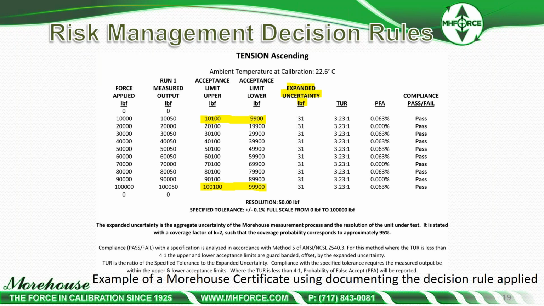TUR, and if you look, a lot of people like TUR to be better than 4 to 1. It's not in this case. So since it is not, we are reporting the probability of false accept, and as long as that probability of false accept is less than 2%, we can say the instrument passes. So compliance, pass, fail. We are saying this passes at 3.23 to 1 TUR, PFA, and we're going through all of this.